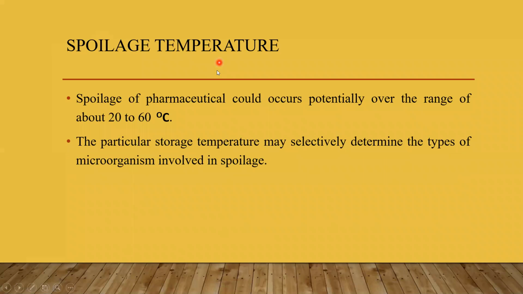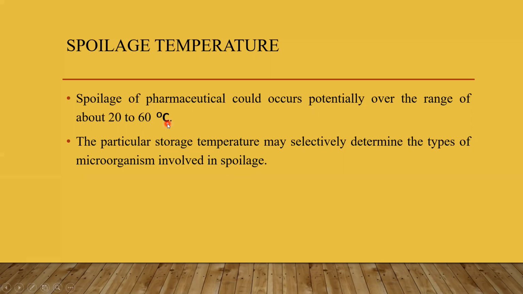Next factor is temperature. How does temperature affect spoilage? In this, the first point is that spoilage of pharmaceuticals could potentially occur over the range of above 20 to 60 degrees Celsius.